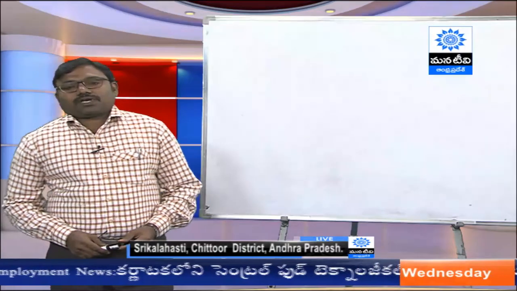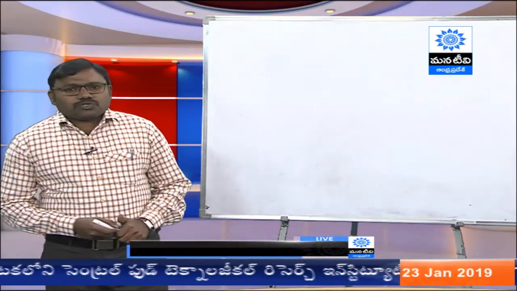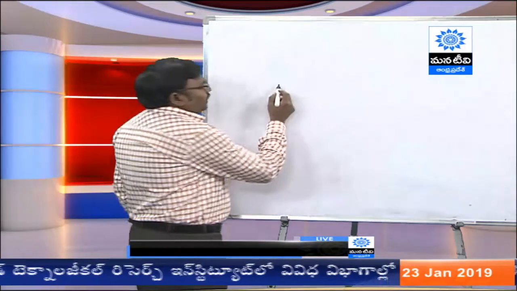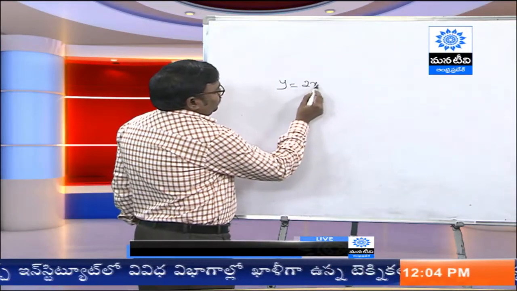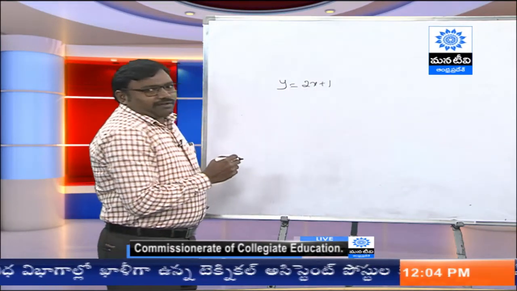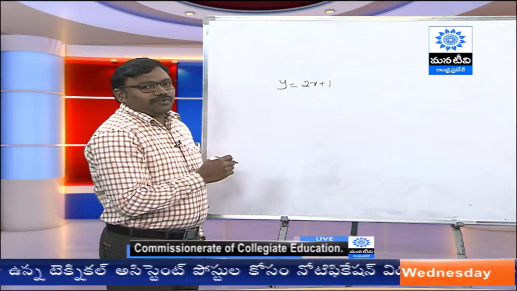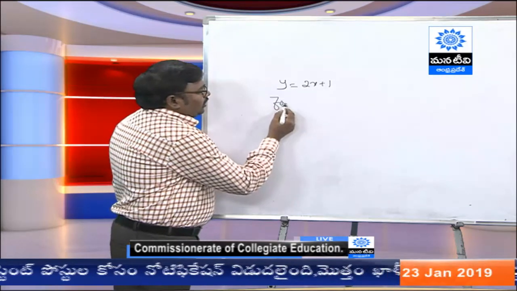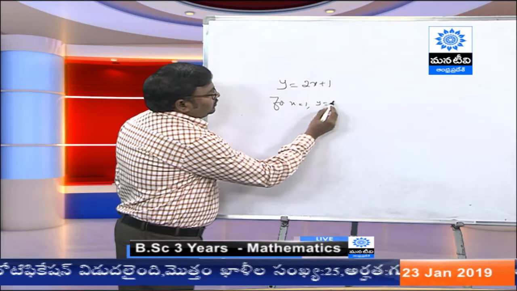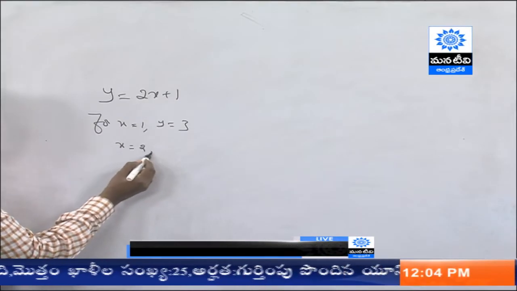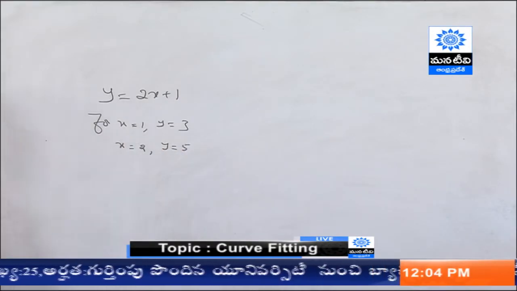Let us come to our topic, curve fitting. Suppose we have a function y equal to 2x plus 1. Then for any x we can evaluate y, right? Means for x equal to 1, y equal to 3. For x equal to 2, y equal to 5, and so on.